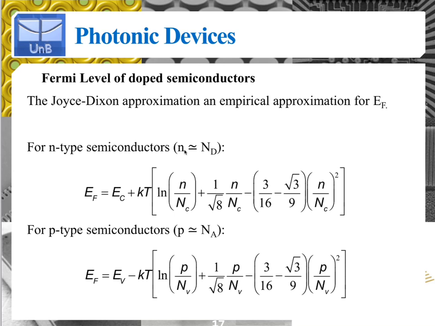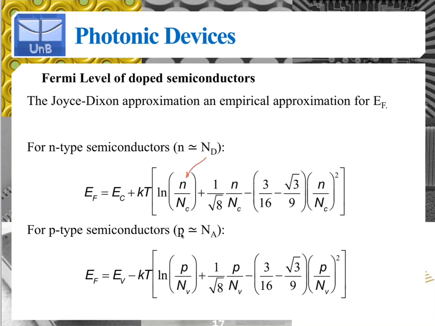We can still consider this, and now we can find EF using this empirical equation here. So EF is equal to EC plus KT multiplied by this term inside the square brackets, which is a function of NC and the electron carrier concentration as well, which we can substitute for the dopant concentration here.